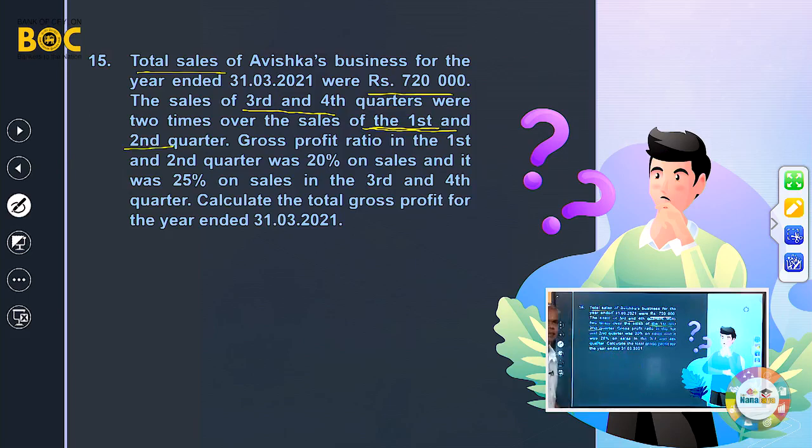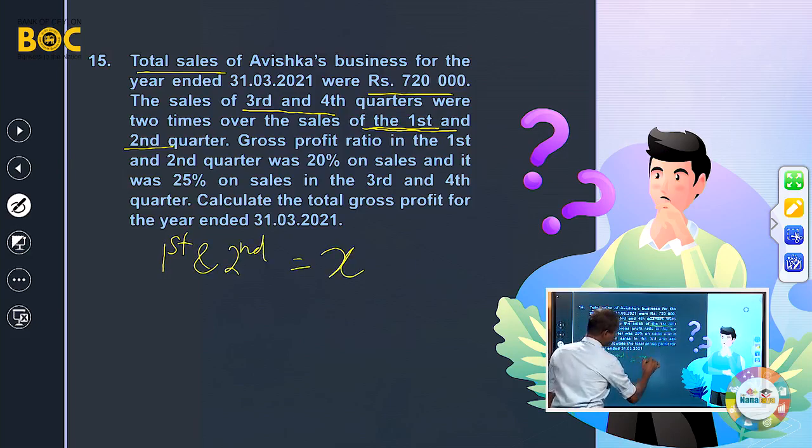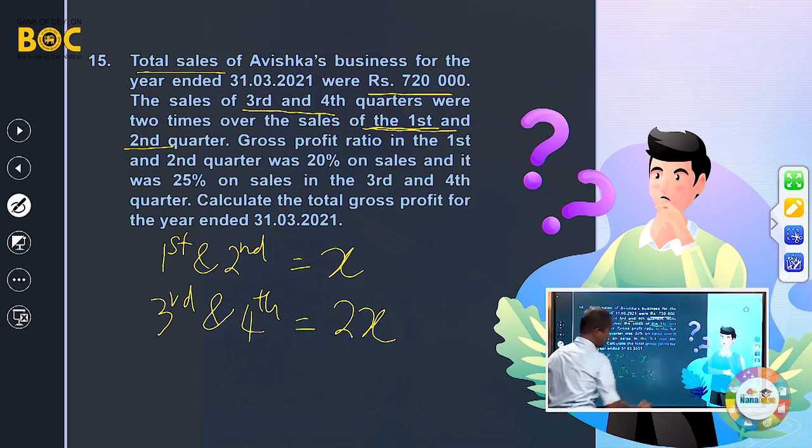If you take first and second quarter sales as X, third and fourth quarter sales should be 2x.